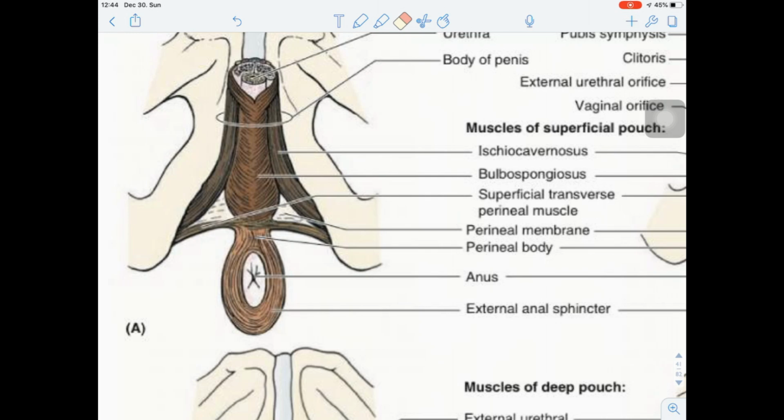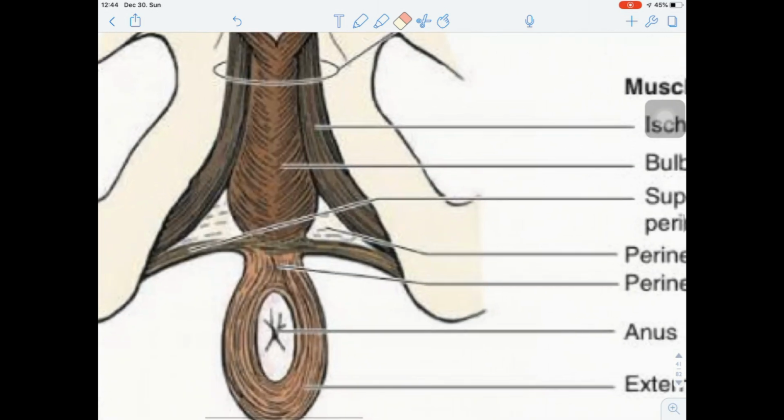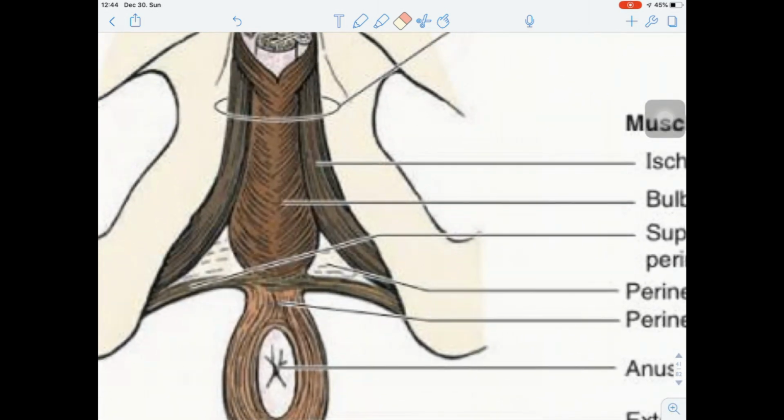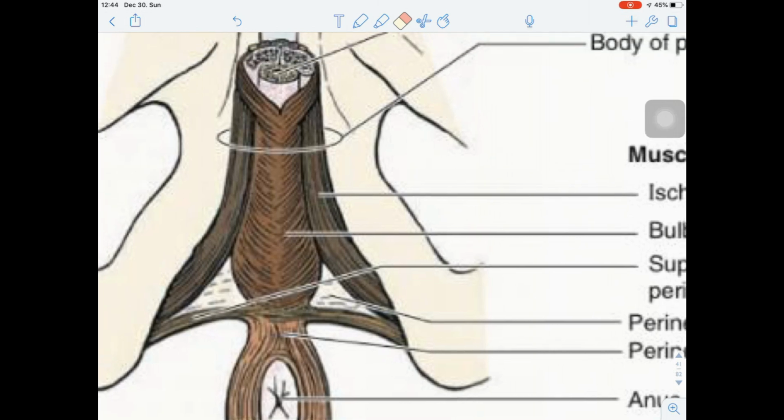In the case of the somatic innervation, you will have contraction of the bulbospongiosus and corpora cavernosa muscles. The bulbospongiosus contracts to get the last drops of urine or semen out of the body. That's the somatic part.